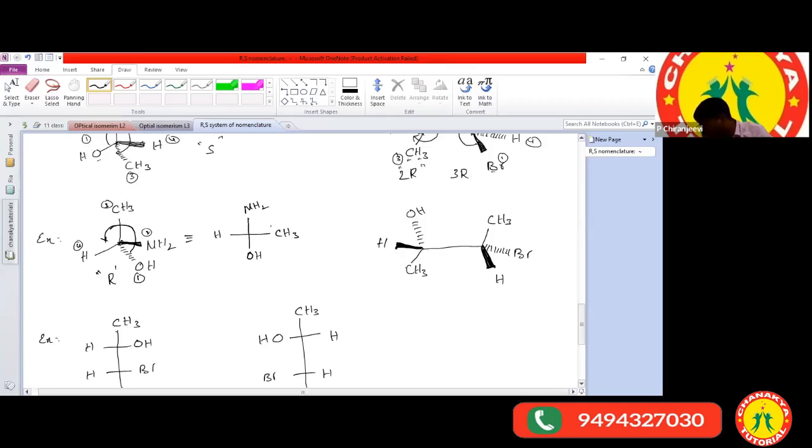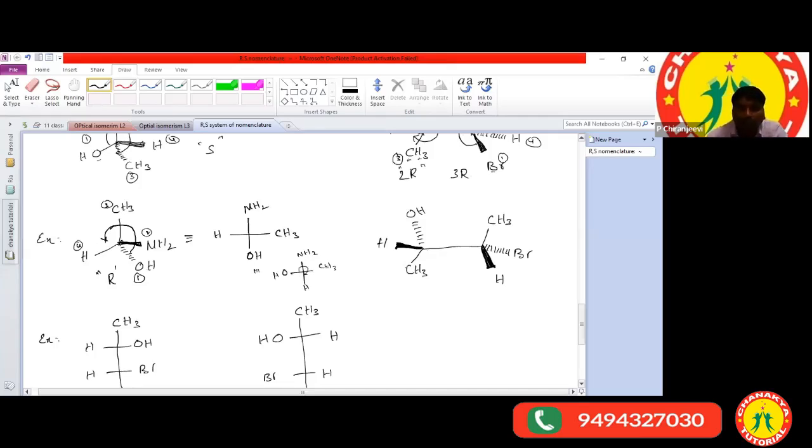Correct only, Anjan. R isomer only. But whenever you convert this, so R isomer only, Anjan.